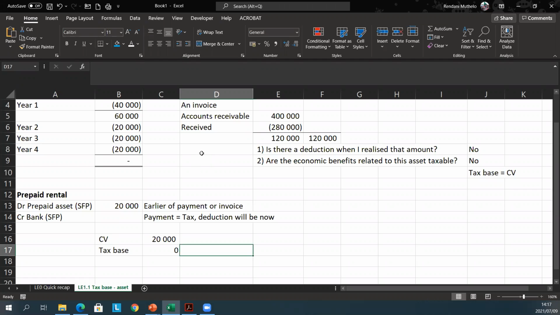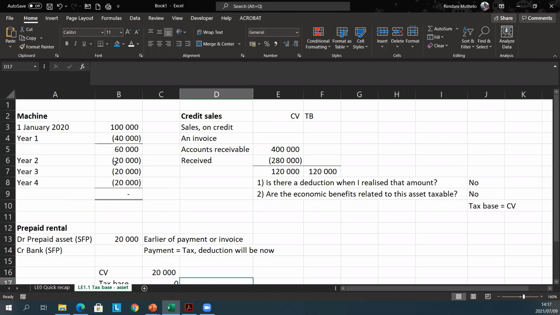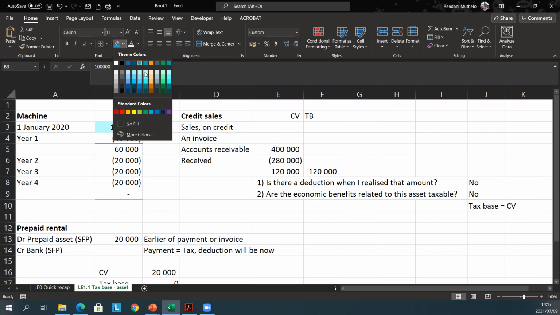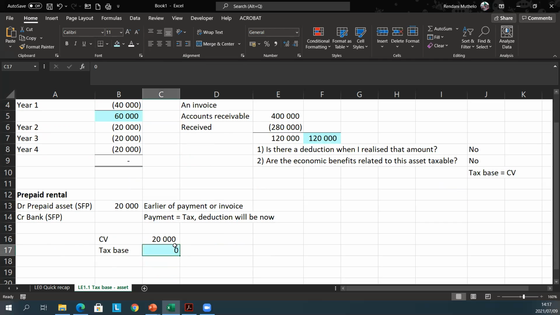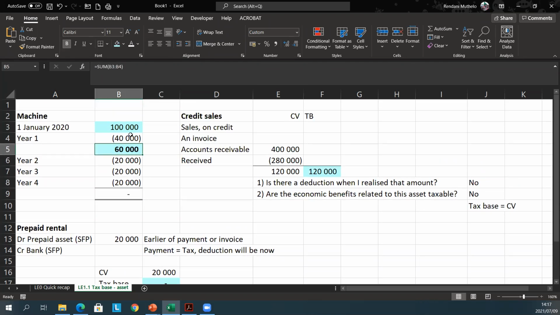But when it came to the prepaid, there is a deduction now, resulting in no deduction in the future. So the answers we're looking for are the following carrying amounts and tax bases, and the last one is a tax base of 0. Does that make sense? Does that make sense on how we deal with it?